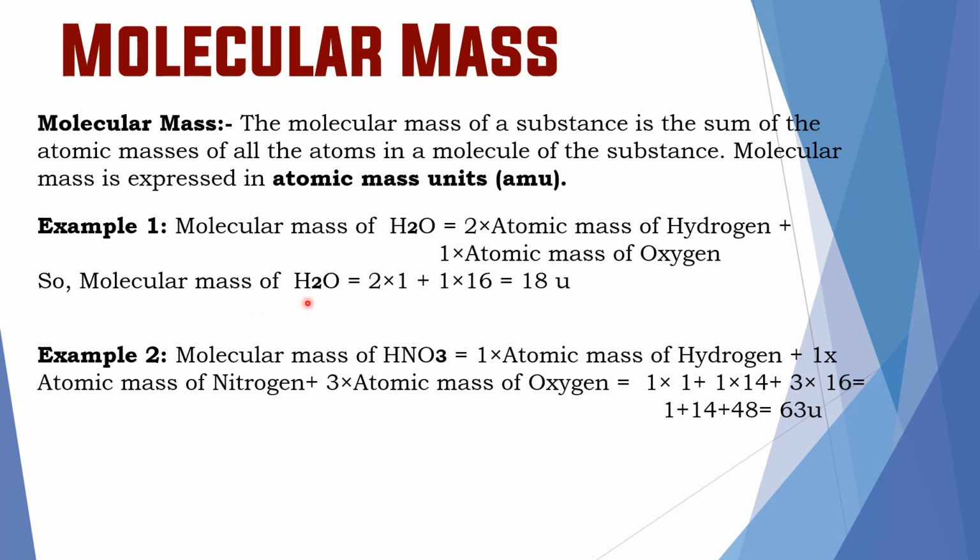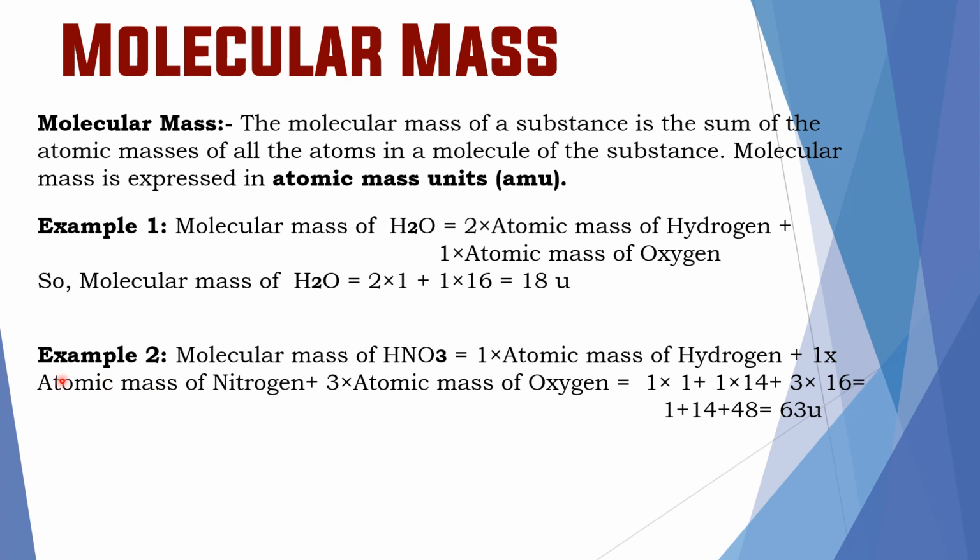So molecular mass of H2O equals 2 into 1, since atomic mass of hydrogen is 1, plus 1 into 16, since atomic mass of oxygen is 16. 2 plus 16 is 18 U. Got it, children?